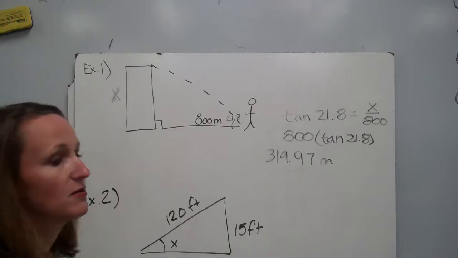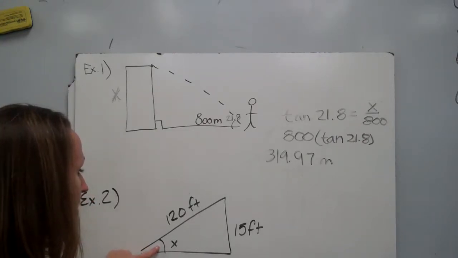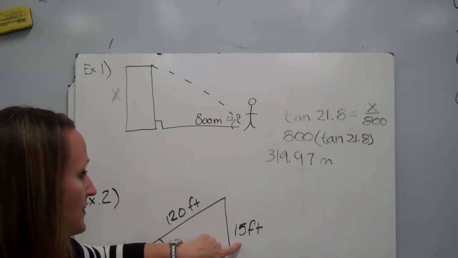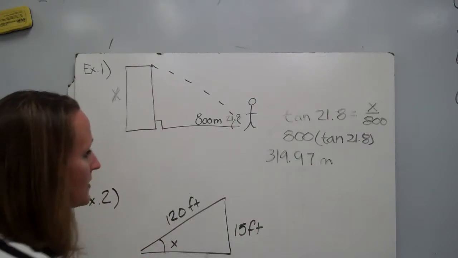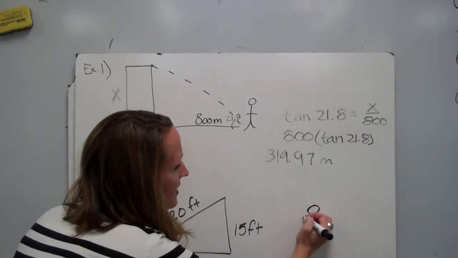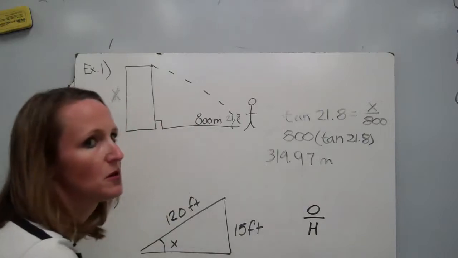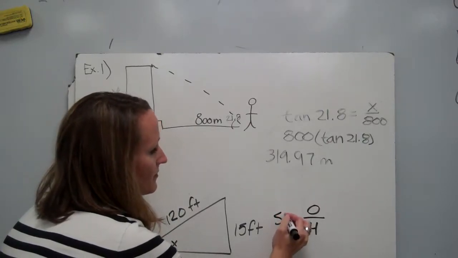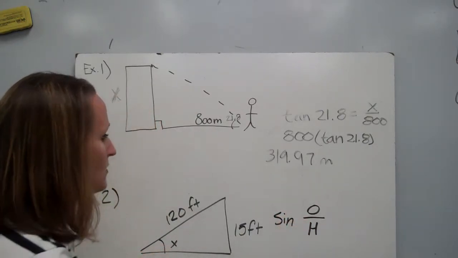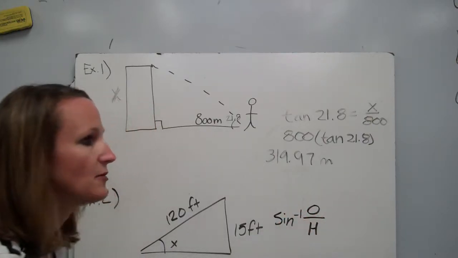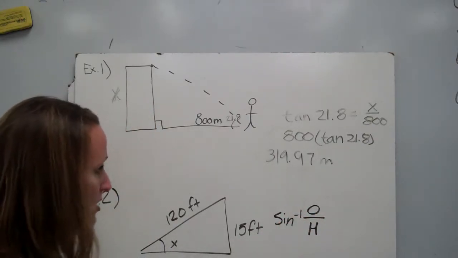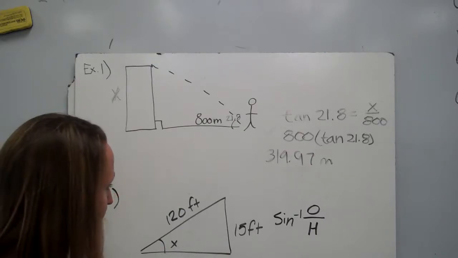Well, we're talking about angles of elevation, so here we go. This time we have the opposite and we have the hypotenuse. So when we have the opposite and the hypotenuse, we're talking about sine. But what we don't know is the angle, so this time we are doing an inverse trig function. So how do we solve this?